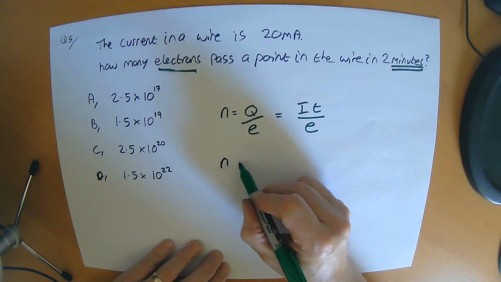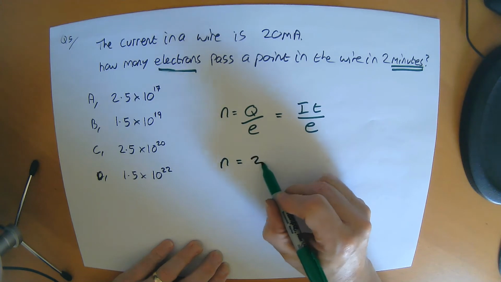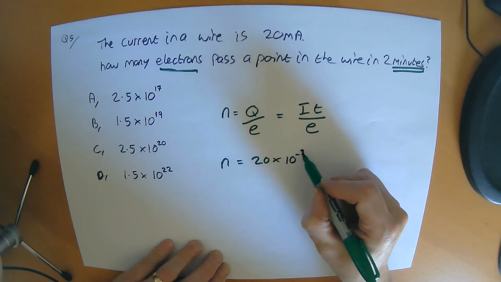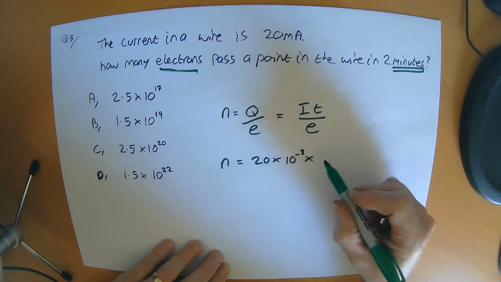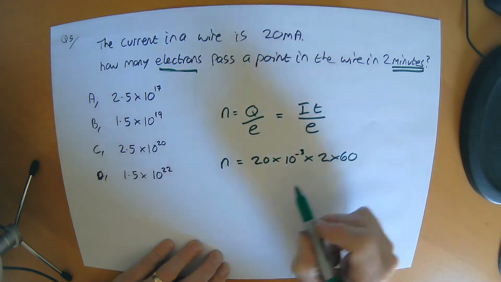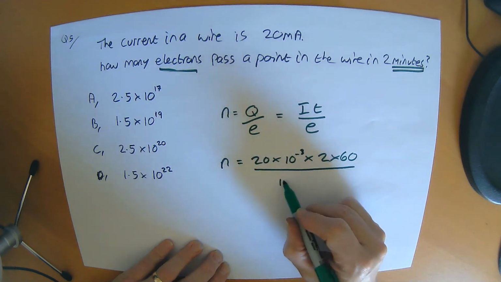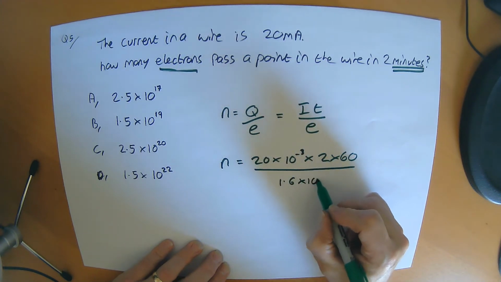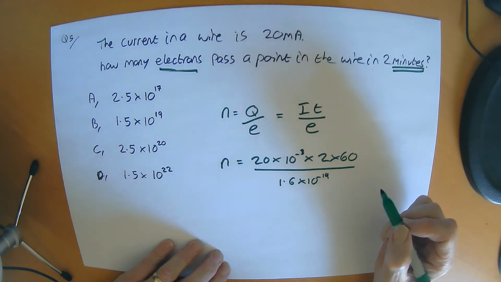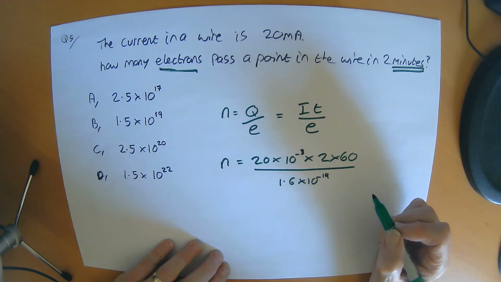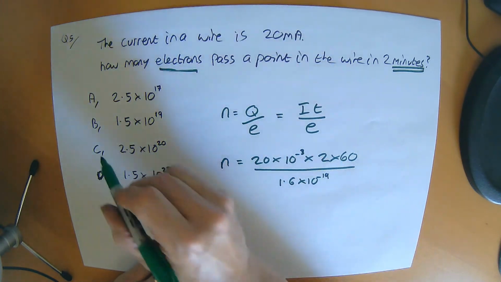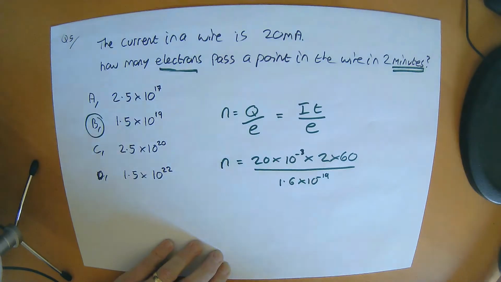This gives us N is equal to 20 times 10 to the minus 3 (milliamps) times 2 times 60 divided by 1.6 times 10 to the minus 19, which is the number of coulombs for a single electron, the charge on a single electron, and that gives us answer B.